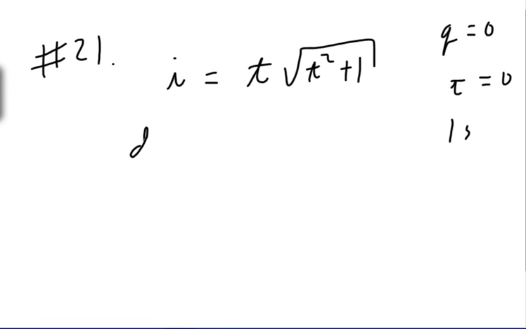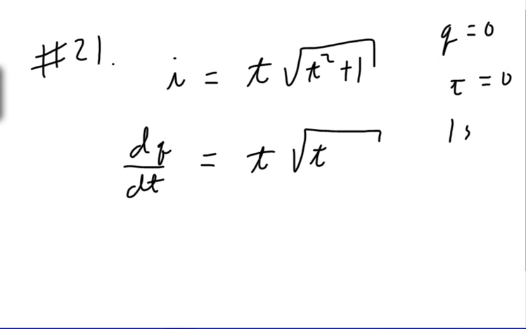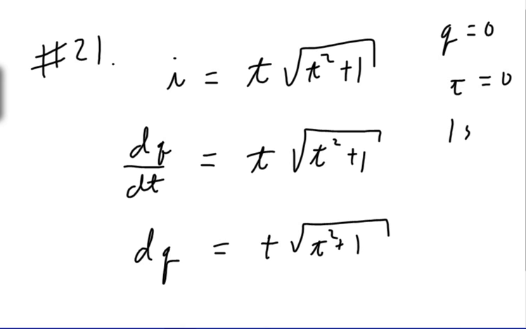So dQ/dt is t times the square root of t squared plus 1. So dQ is t square root of t squared plus 1 dt, integrate both sides.